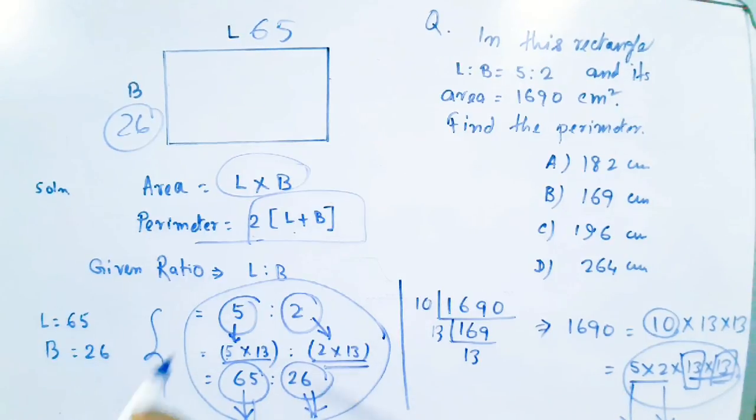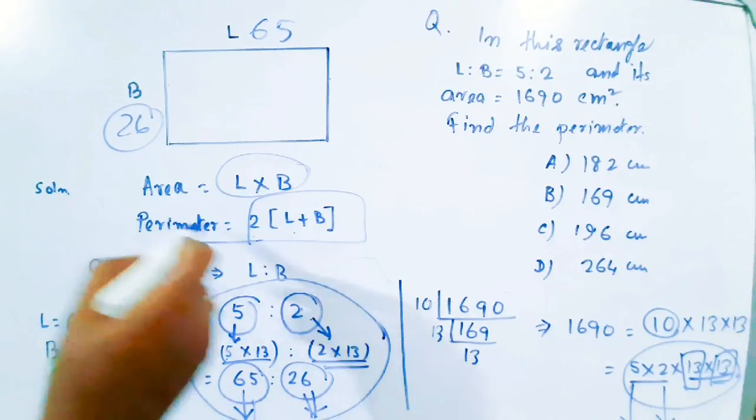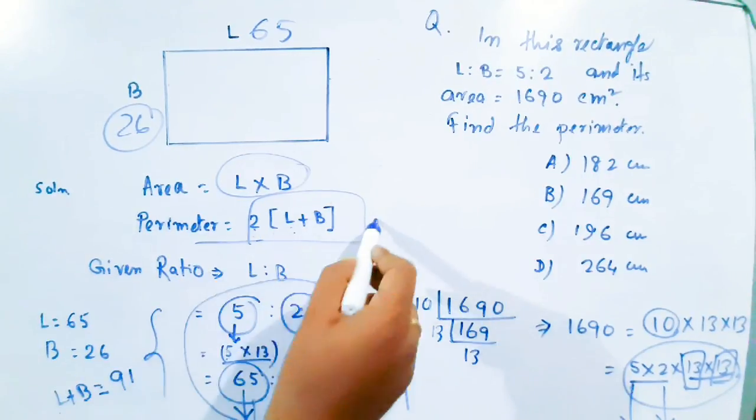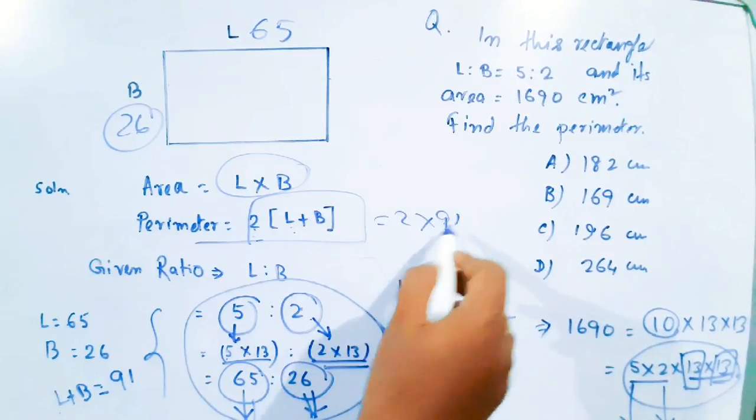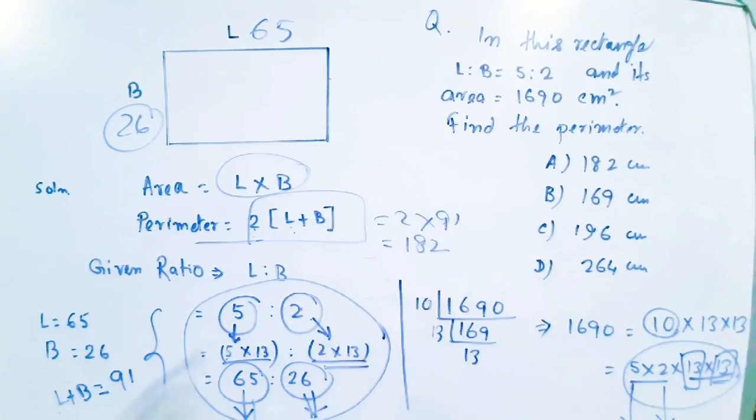So the perimeter is very easy. L plus B is 65 plus 26, that means 91. So the perimeter, 2 into (L plus B), means 2 into 91. So 182. So the matter of square and square root may be avoided. I think it's very easy.